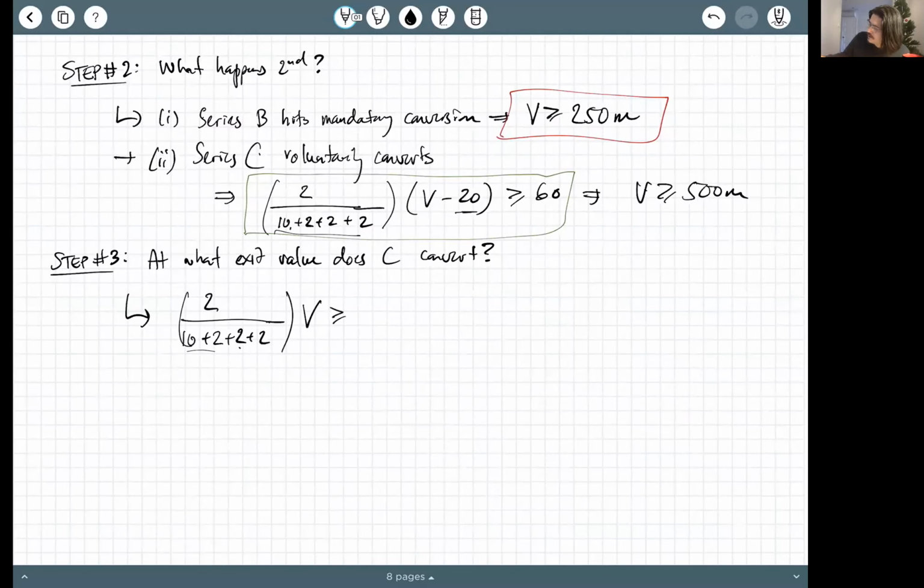So this needs to be greater or equal to 60. So if we do the math, we get V greater or equal to 480 million.